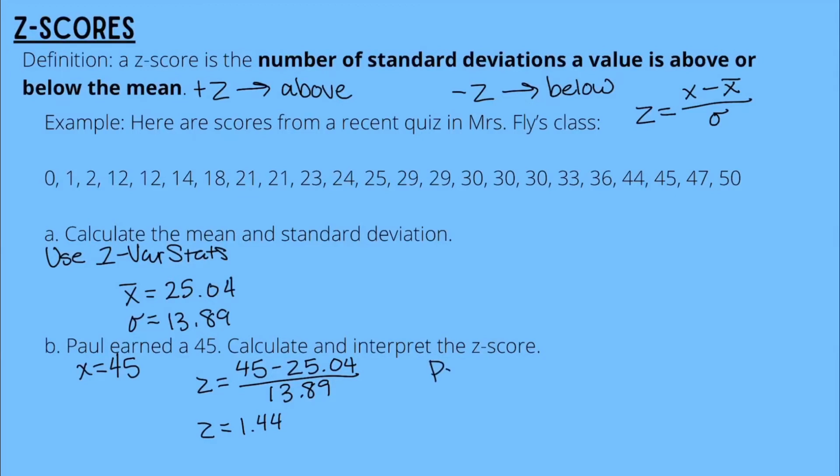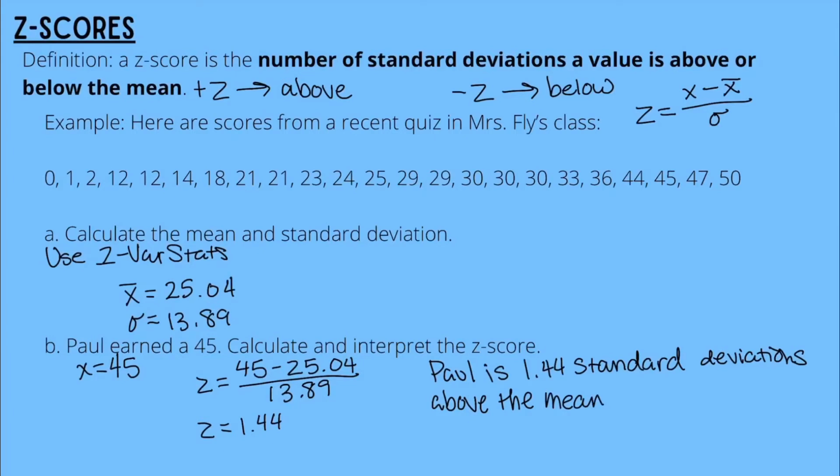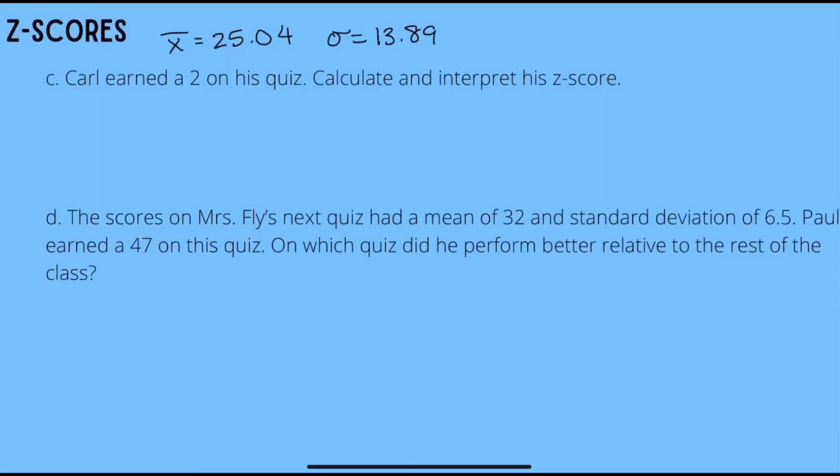Meaning, for our interpretation, Paul is 1.44 standard deviations above the mean. And remember, our mean is 25.04.